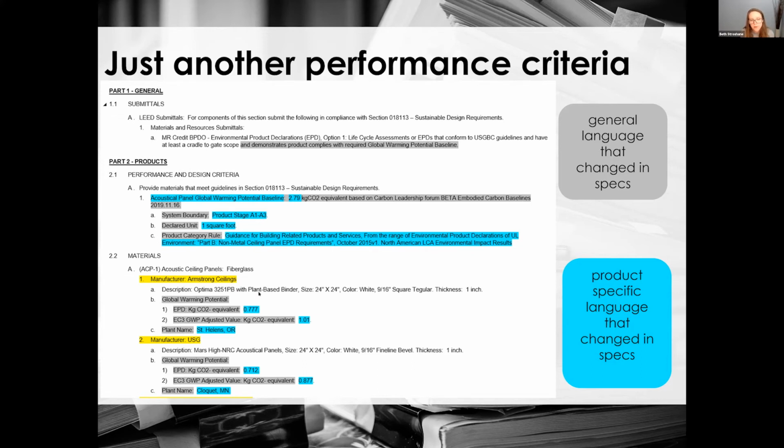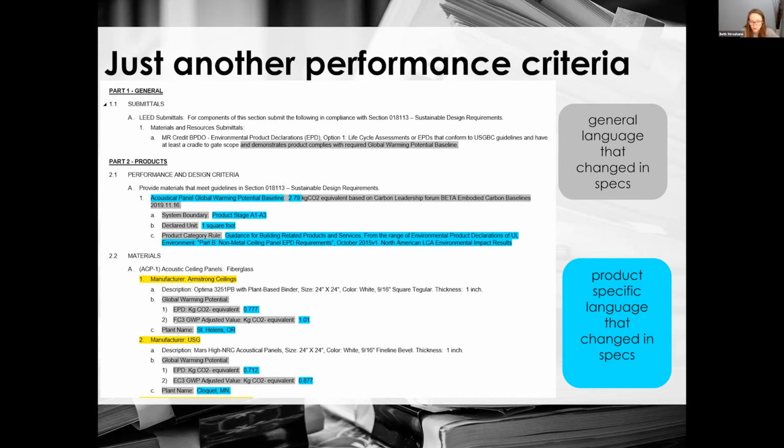And then moving down, once we've selected a product, these are the things that we want to make sure we include so that we can show that we've complied with the baseline that we've set. So global warming potential, and this is where in EC3 right now, it depends on whether you're talking about the EC3 global warming adjusted value, which is slightly different than the value that's printed on the EPD.